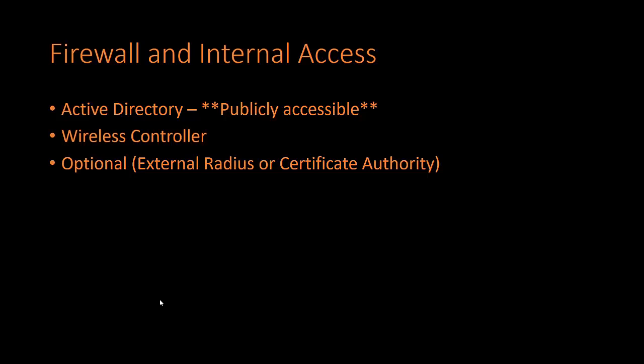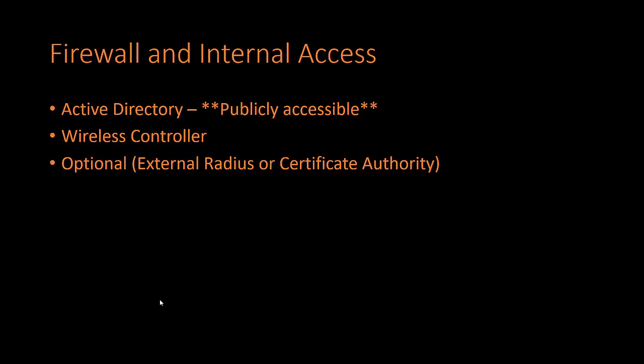Like with Ruckus, I can either do AP initiated radius requests or I can do controller initiated radius requests. So that's from the inside out. But a lot of people, if you do access point initiated radius requests and you didn't give your access points the ability to talk to the internet, then you're going to have a problem.